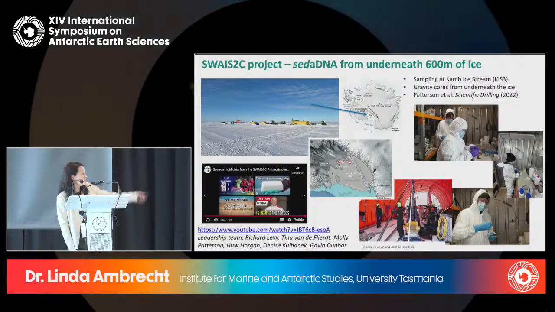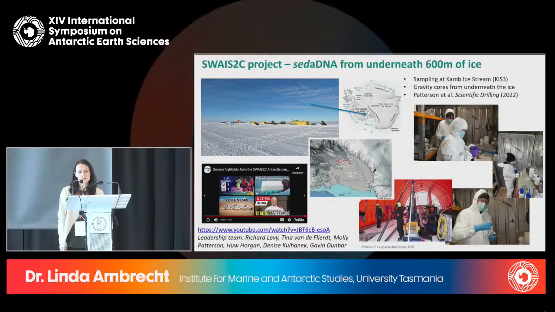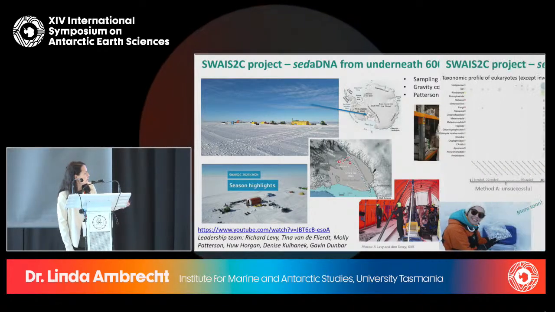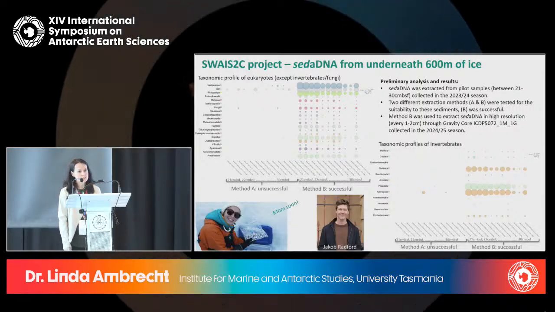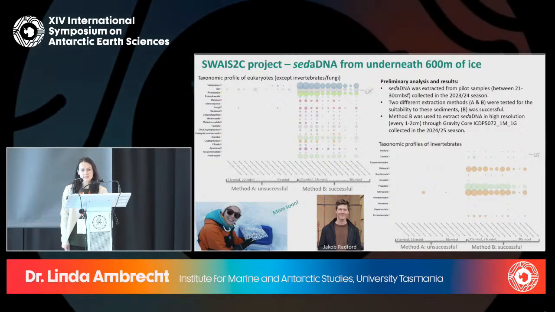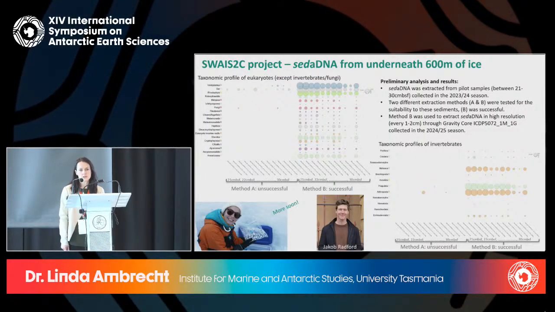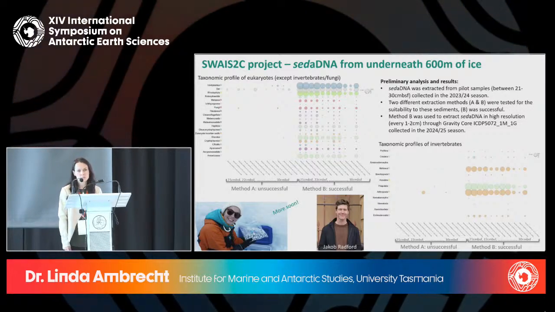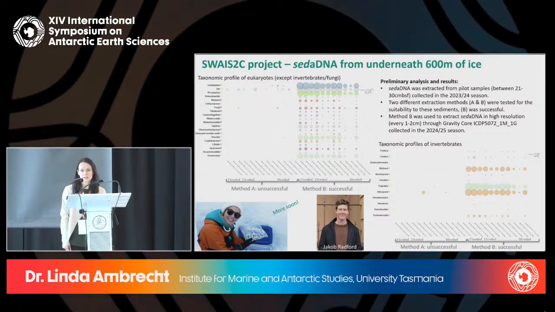You can see we've been sampling very carefully here. We had a container that we set up to be able to slice the sediment cores that we got. So back in the lab, we did some first extraction tests, because it was such a different environment. We just wanted to see if one method works better than another when we're extracting the DNA.